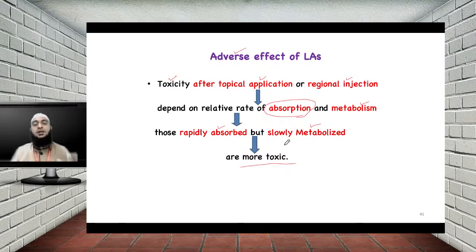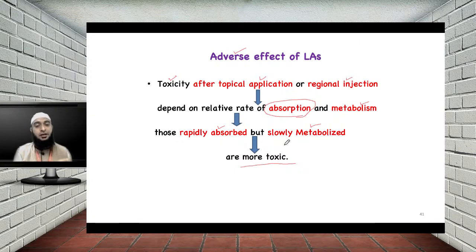So this is about adverse effects of local anesthetics. There are two important parameters that play a role in toxicity: first, rapid absorption, and second, a slow process of metabolism. It depends on which local anesthetic you are using. If it is highly lipidic, it will be rapidly absorbed and may produce systemic toxicity.